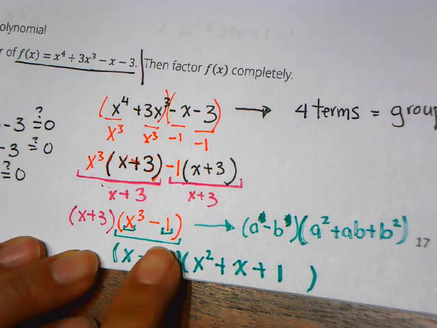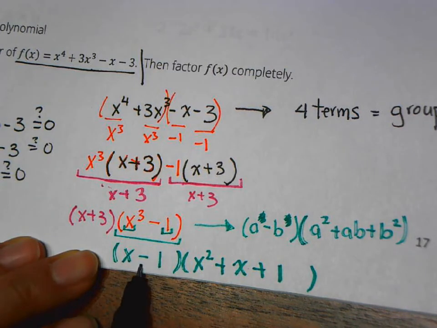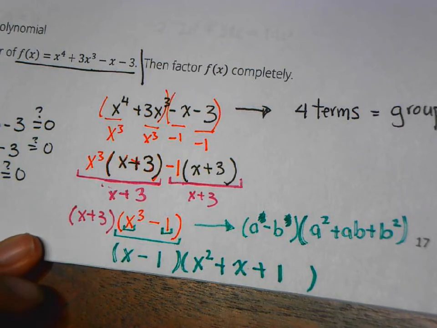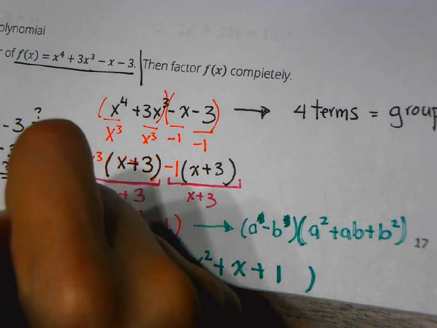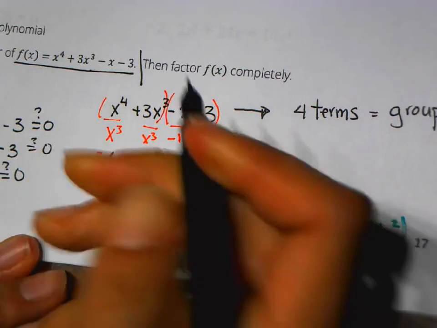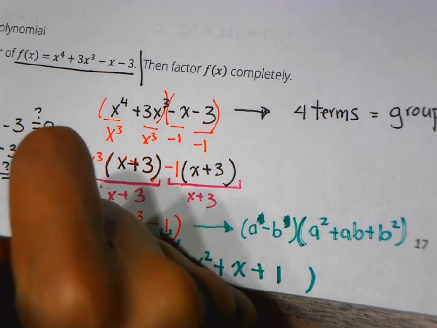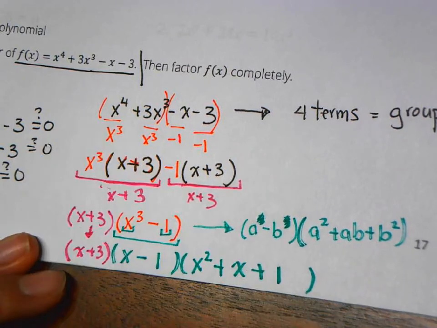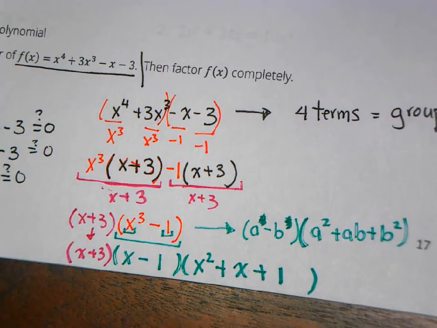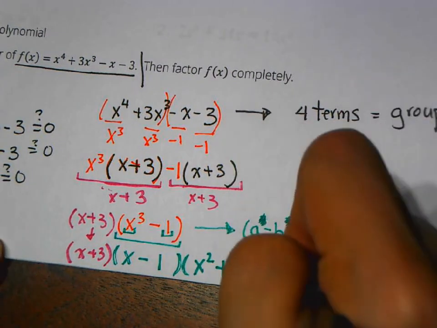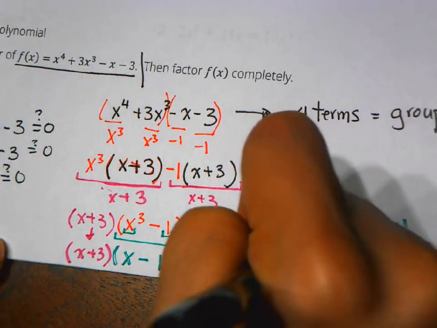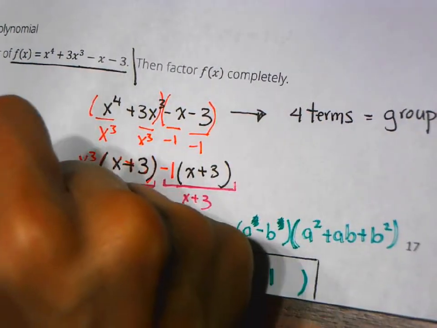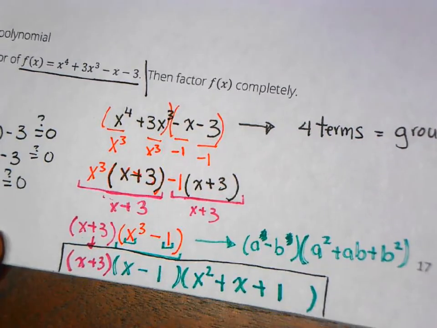So x cubed minus 1 factors into x minus 1 times x squared plus x plus 1. And finally, don't forget, we still have that x plus 3 that we need to pull down. So bring it out in front. We have now completely factored the polynomial that was given. Final answer right there.